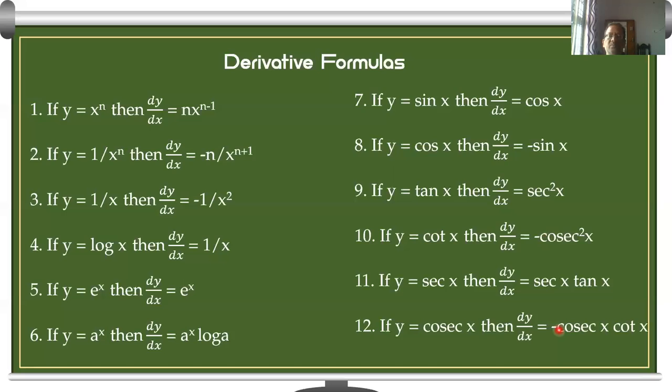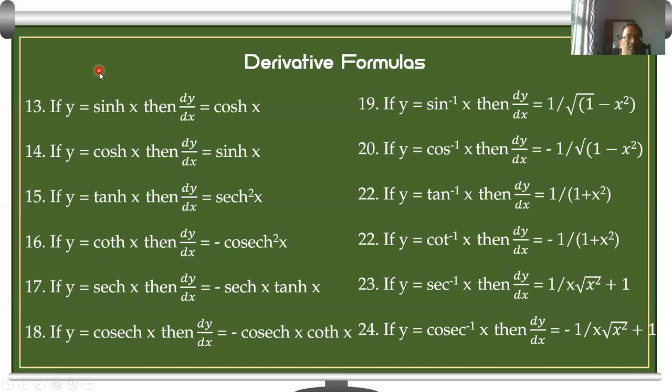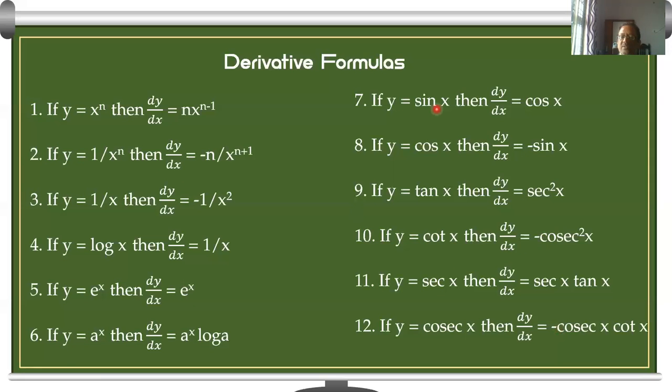Next, hyperbolic functions. What is the difference between trigonometric functions and hyperbolic functions? Generally the trigonometric functions are defined over a right angle triangle. If you take a right angle triangle, the ratio between any two sides is nothing but the function value.